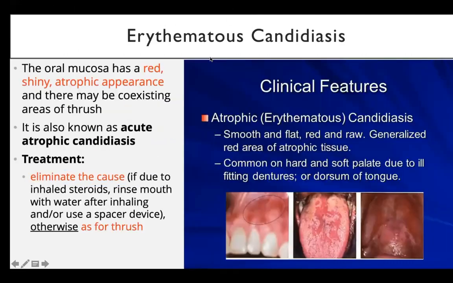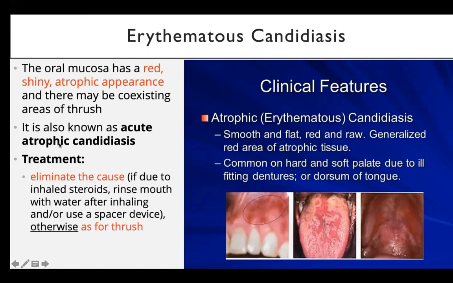And then we have erythematous candidiasis, which is red, shiny, atrophic appearance. So this is not the whitish, creamy appearance. The other one was whitish, acute. And this is also acute, but it is reddish, shiny, atrophic in appearance. There may be a coexisting area of thrush.